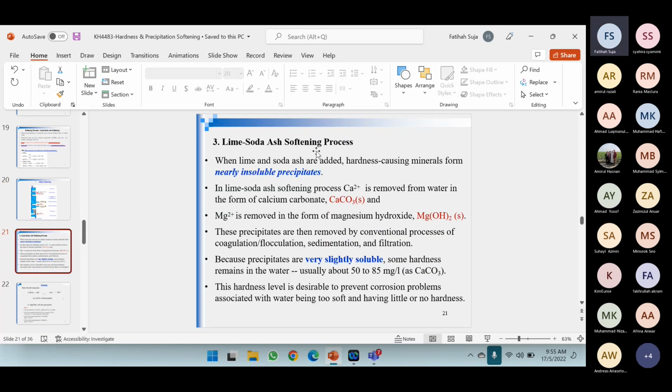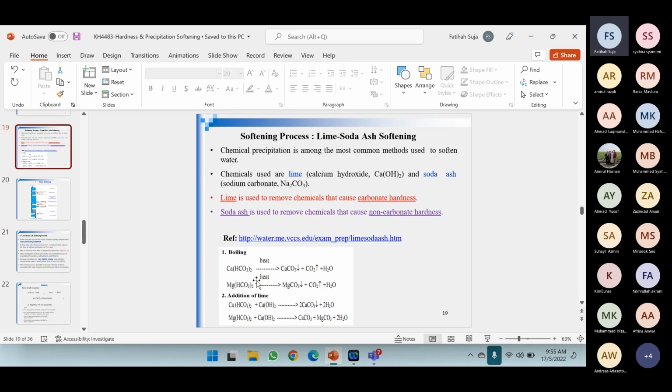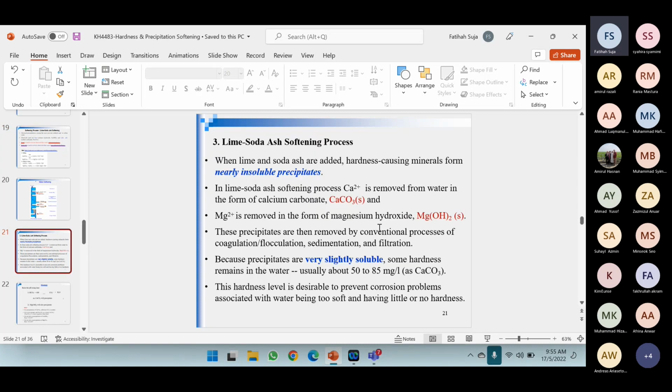Okay, lime soda ash softening process. Just now we talked about boiling and also addition of lime. But here, if you have temporary and permanent hardness, then you need to use the lime soda ash softening process, meaning that you add lime and you also add soda ash, so that you remove the permanent and temporary hardness together.